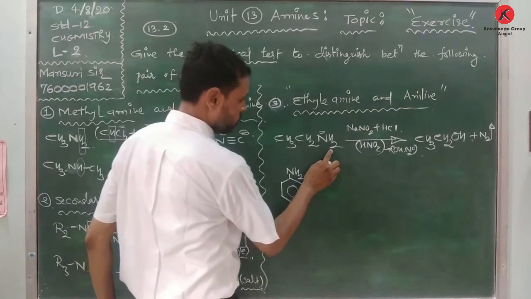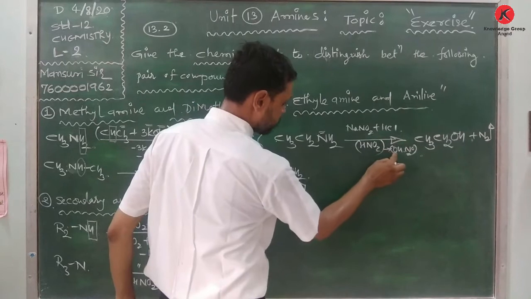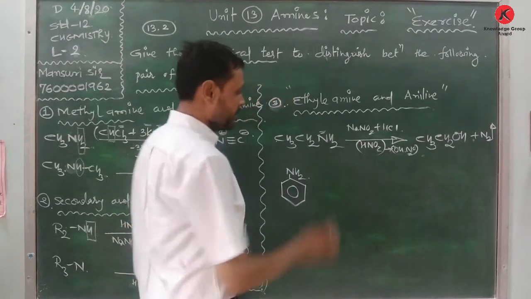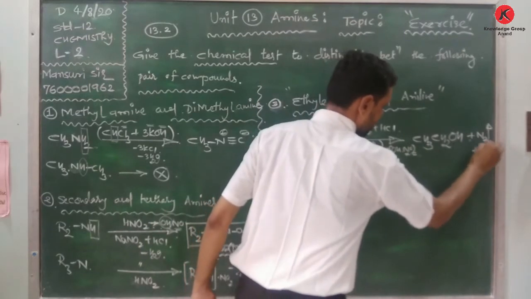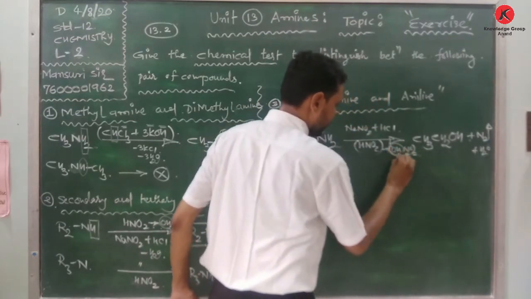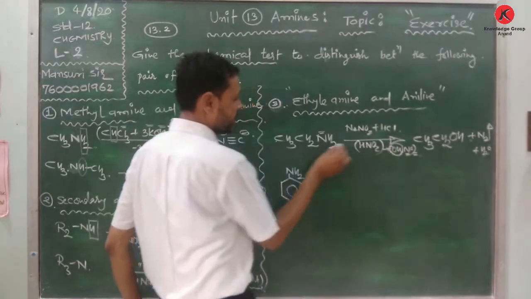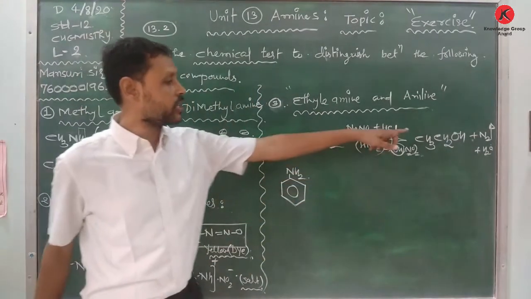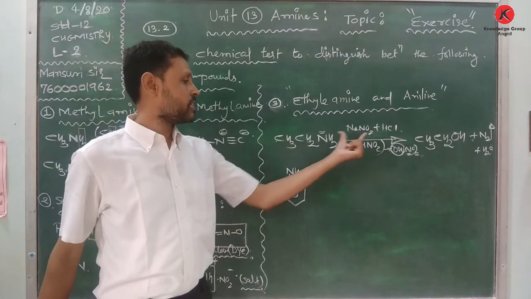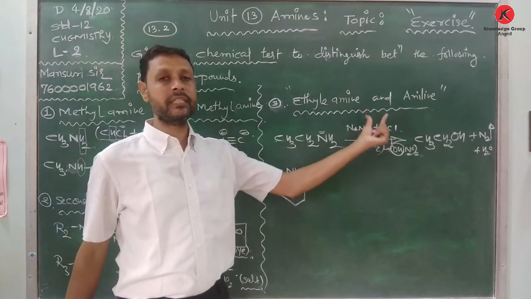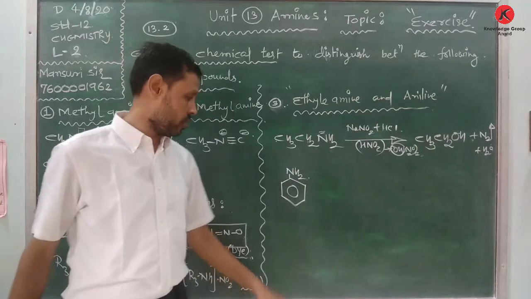Thereafter H2O will go, so only the OH will remain. That means it will attack toward here. That is why ethanol is formed. So ethylamine reacts with the mixture of sodium nitrite and hydrochloric acid, then forms ethanol.